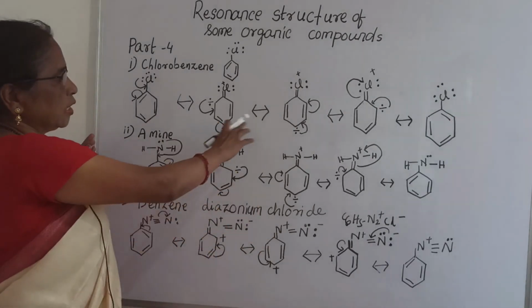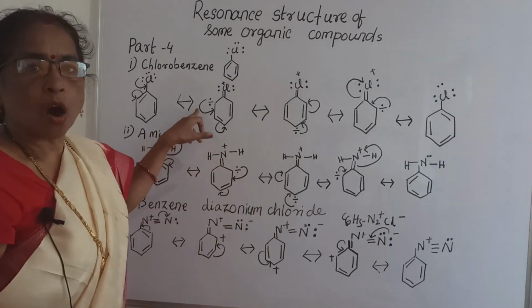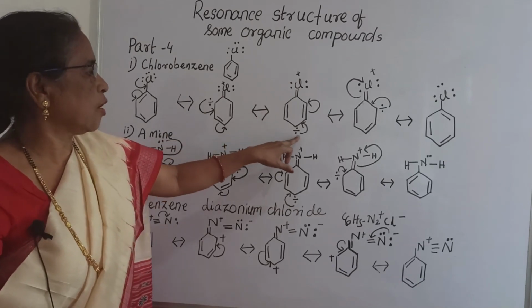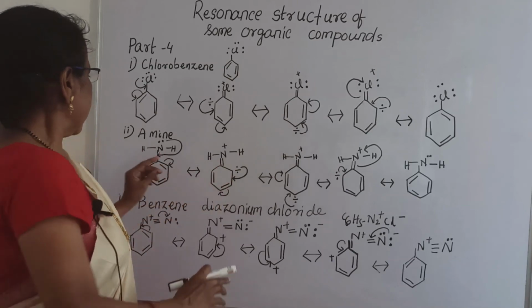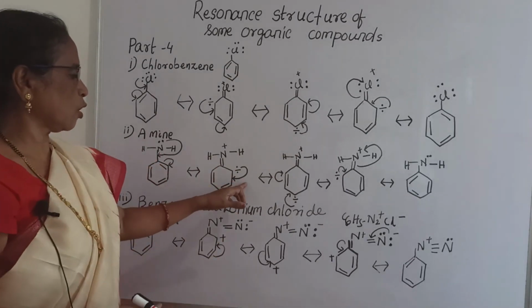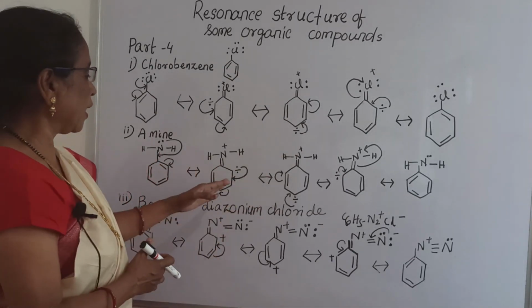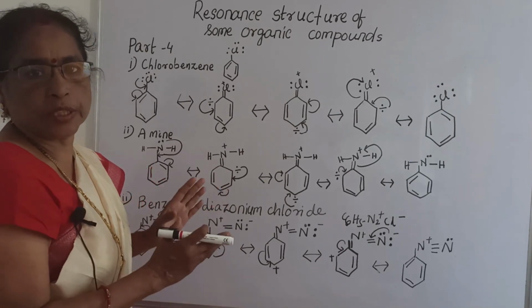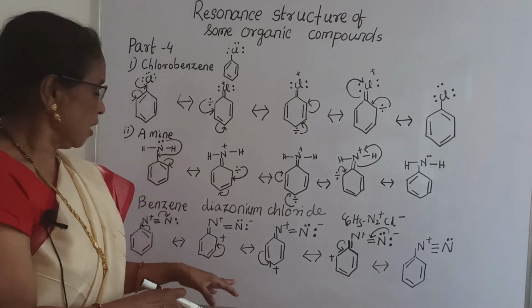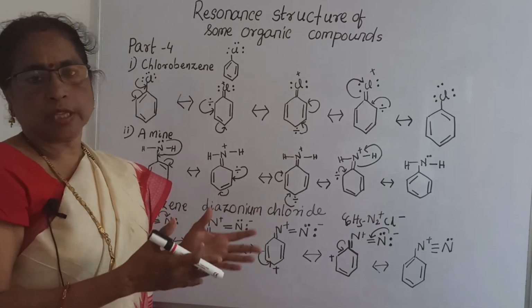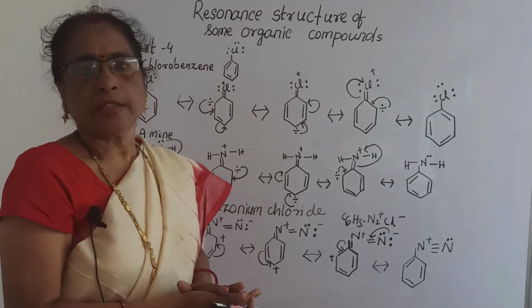Why? Because in the resonance structure you can find the ortho and para positions occupying negative charge having one pair of electrons. In amine also, in the same case, the ortho and para positions occupy the negative charge with a pair of electrons. Whereas in the benzene diazonium ion, the ortho and para positions occupy positive charge.